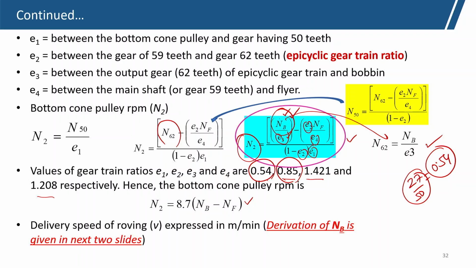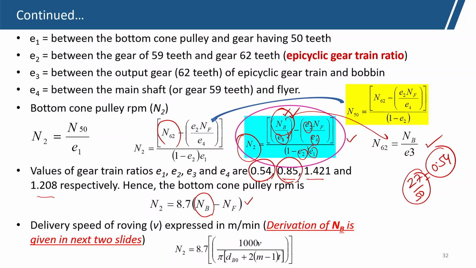And delivery speed of roving V is expressed in terms of meter per minute, and derivation of NB is given in the next two slides. So, NB now we will try to derive. This 8.7 we are getting from using all these values.